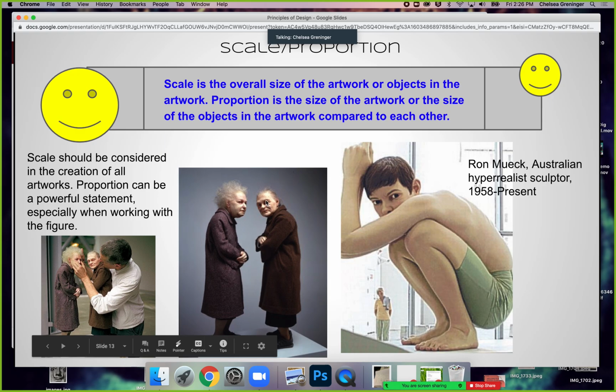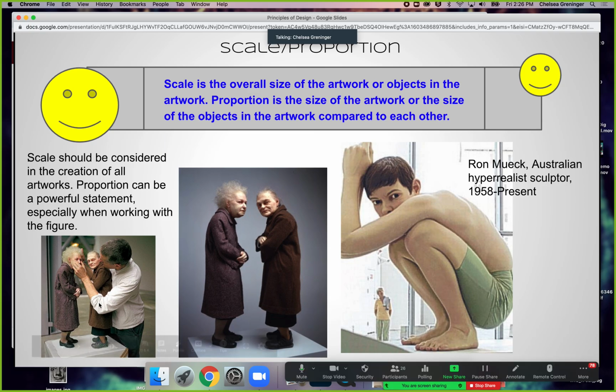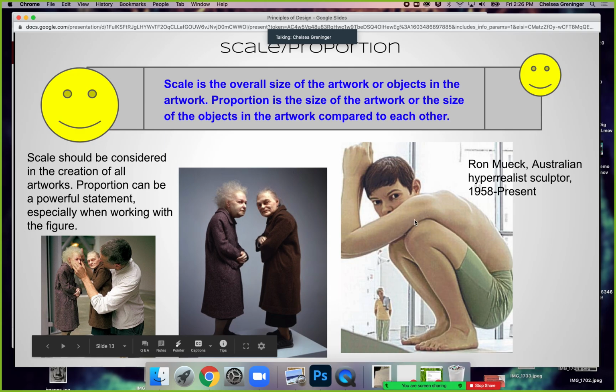And he also makes these tiny little figures. This is the artist himself, and he's working on this figure here. So you can see how tiny they are. So the scale of this sculpture on the right is large, and the scale of the sculptures on the left are small in relation to human scale.